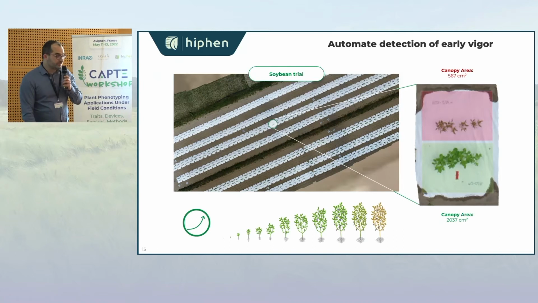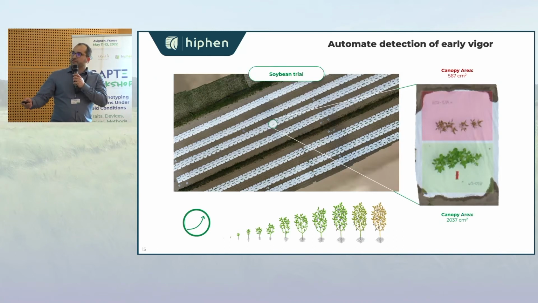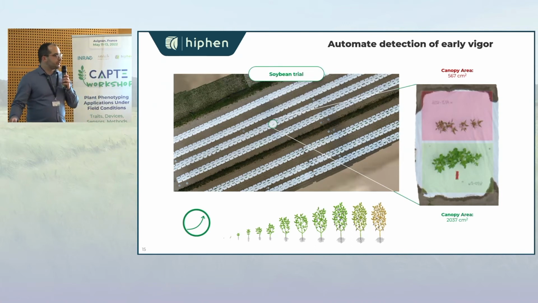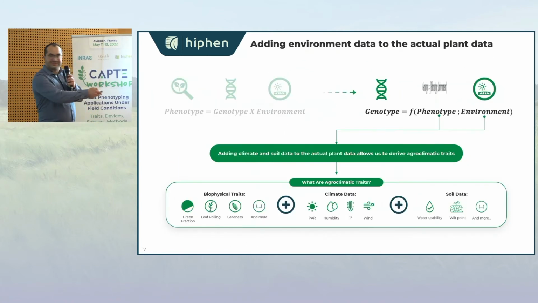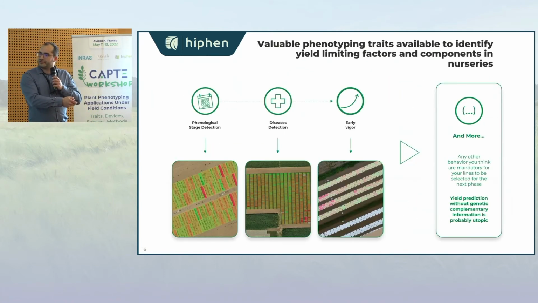Another example is early vigor. So this is even in another place with soybean. I mean, is my early vigor strong or not? And it's really simple questions. And actually, more and more now, they are adding those questions one after the other.